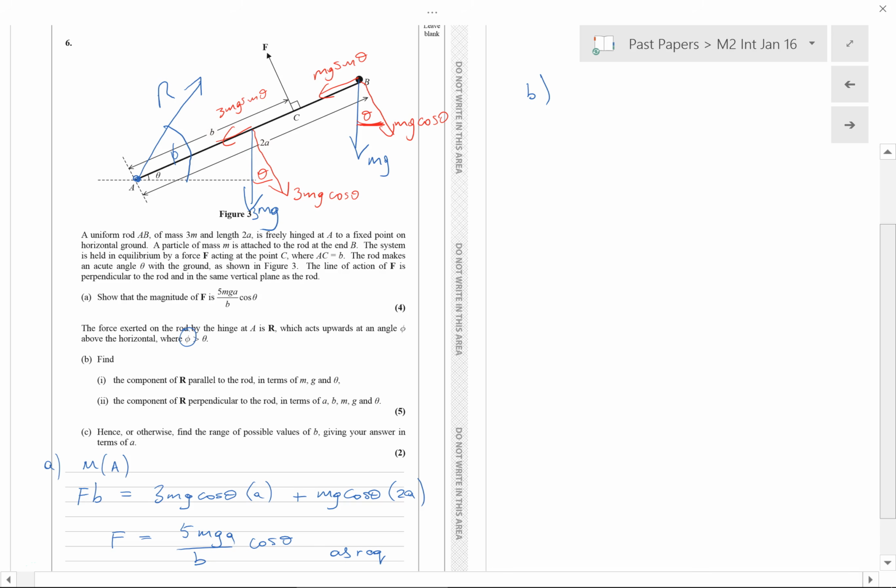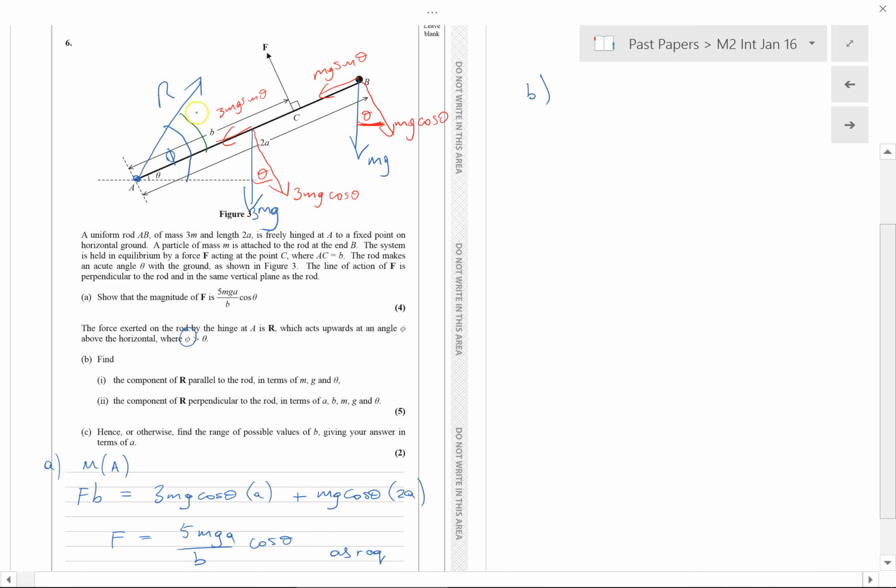we can basically look at the components of these parallel and perpendicular to the slope, and maybe then get some kind of clue on what they're talking about in part c, about ranges of values of b in terms of a or c. Anyway, let's just split the R into the perpendicular and parallel components.